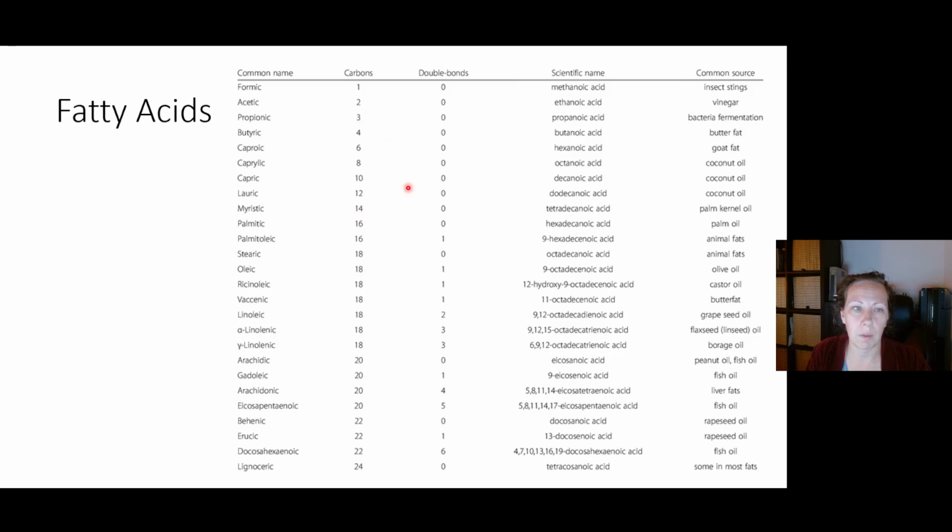We do eat some that are in the 8 to 14 range also. And well, even these lower ones too, in some amounts. So butyric is in butterfat, for example. Acetic acid is a fatty acid, and that is vinegar.